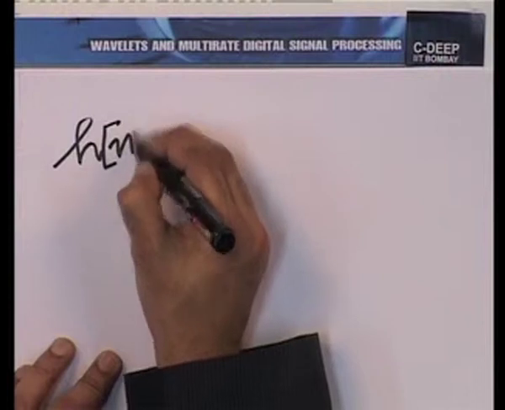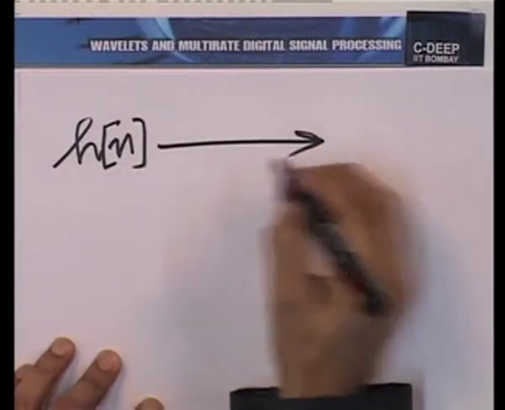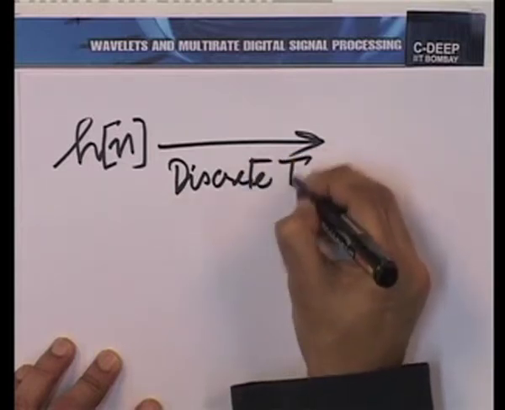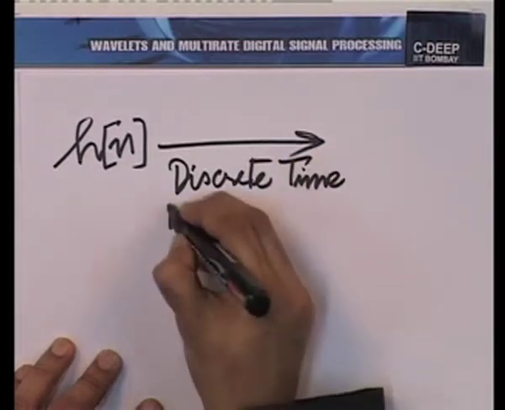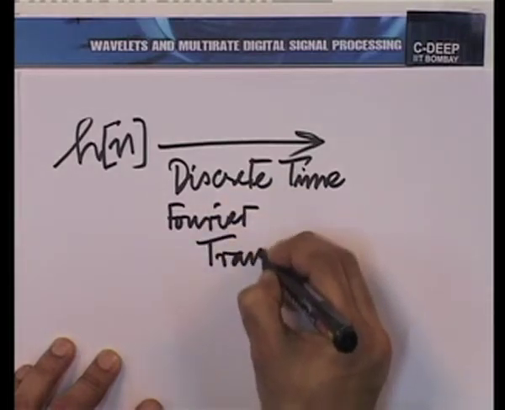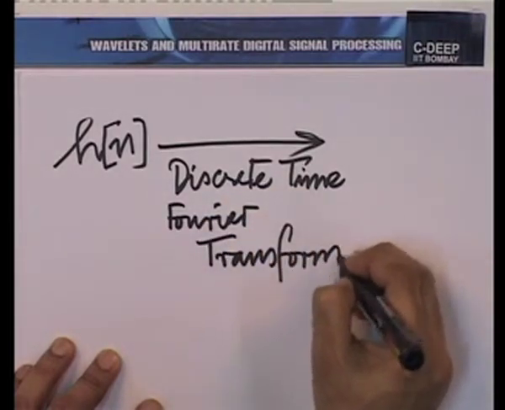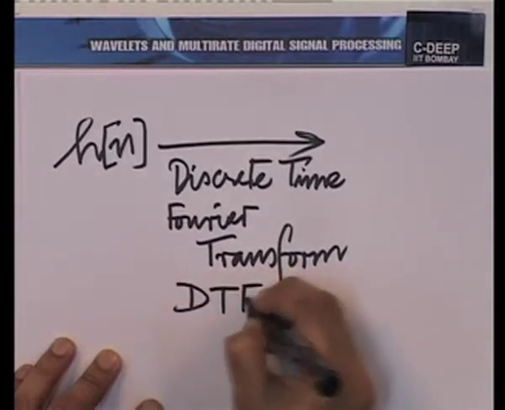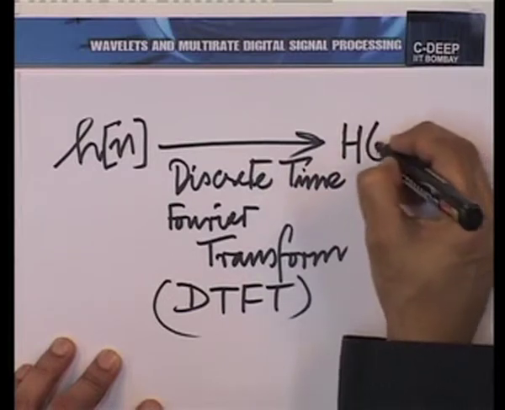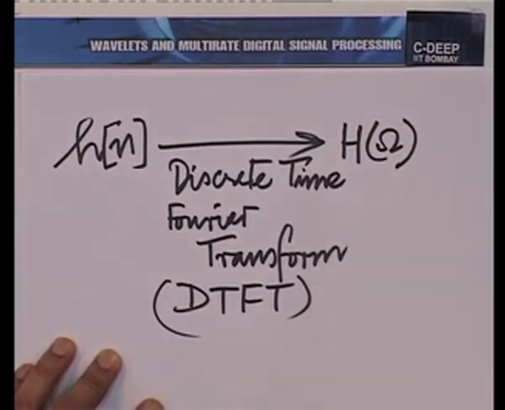So, we are saying if h of n has the discrete time Fourier transform, or DTFT, given by capital H of omega.